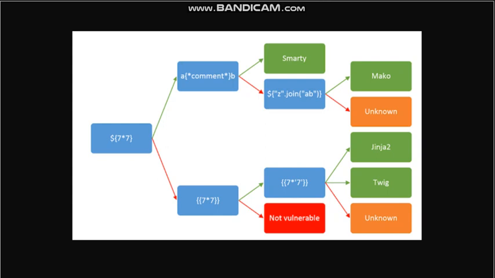For example, this payload returns 49 in Twig, and in Jinja it returns 7777777. Therefore, it's important not to jump to conclusions based on a single successful response.